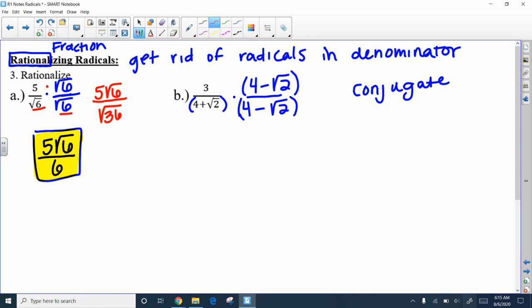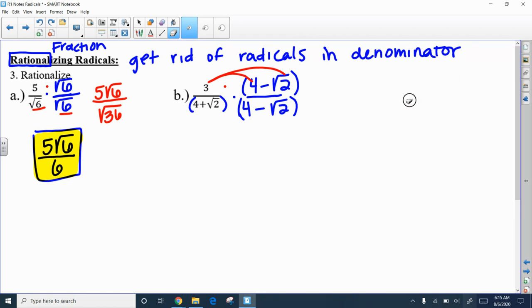So let's go ahead and multiply this out. On the top, we're just multiplying 3 times this expression, 4 minus square root of 2. So I'm just going to distribute that 3. Again, that's another reason it's helpful to write with parentheses, because that way we can remember to do all of our mathematics. I'm multiplying not just the 4 by this number, but also the square root of 2.